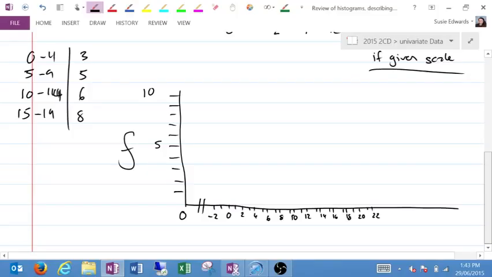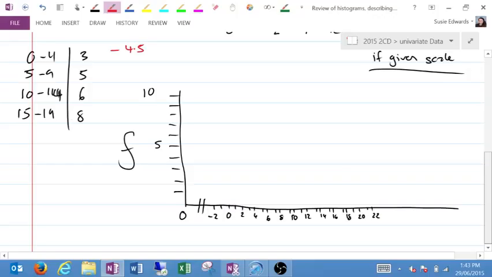The first one, yeah? So this is actually a group which is not from 0 to 4. It goes up to what? It goes up to 4.499999, right? Because we only round whole numbers. Okay? So this is actually from a number to 4.5, right?